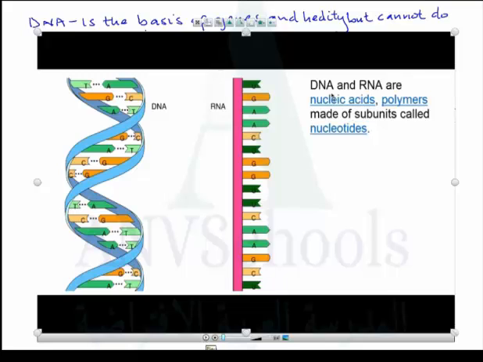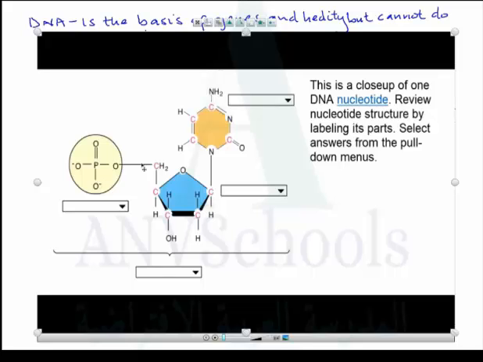DNA and RNA are nucleic acid polymers made of subunits called nucleotides. So these are nucleotides, the DNA nucleotides. We said the DNA nucleotide is made of 3 parts.